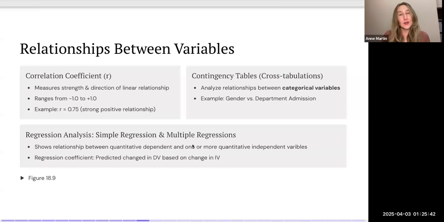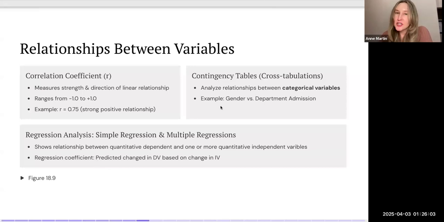It will measure not only the strength of the relationship, but also the direction. So it could be negative, it could be positive. And remember, you can have a strong correlation that is also a negative correlation. The closer to -1 or +1, the stronger the relationship.